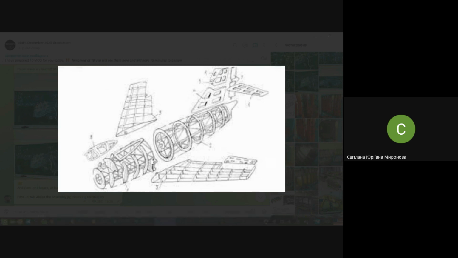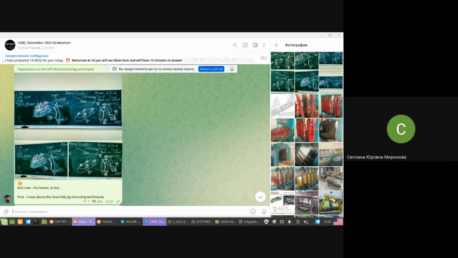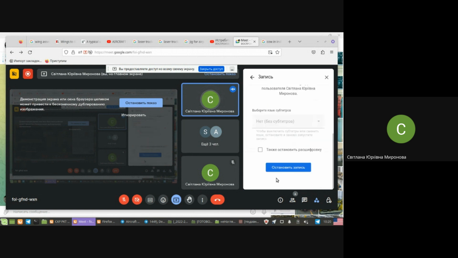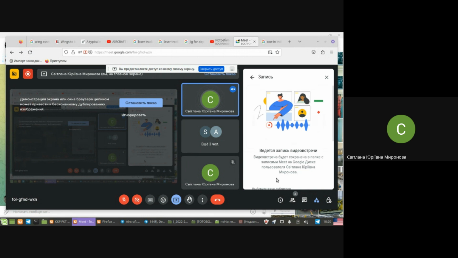Sylvan, the screen has disappeared again, yes? For me, I can see the screen. Maybe not even the screen has disappeared, maybe I have disappeared. Sylvan, can you hear me?